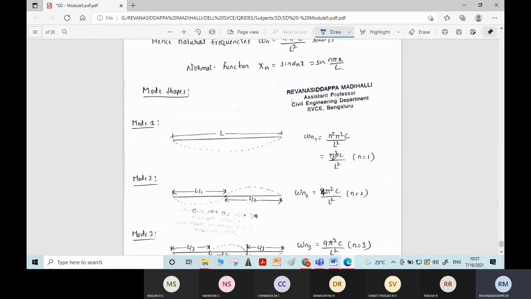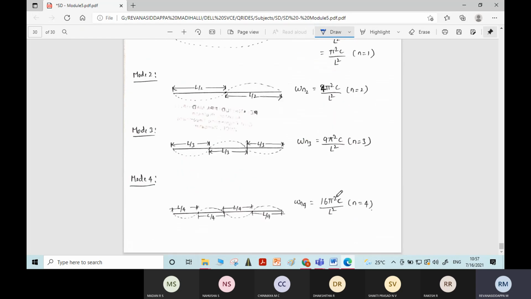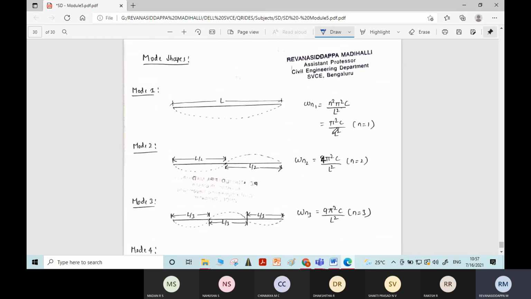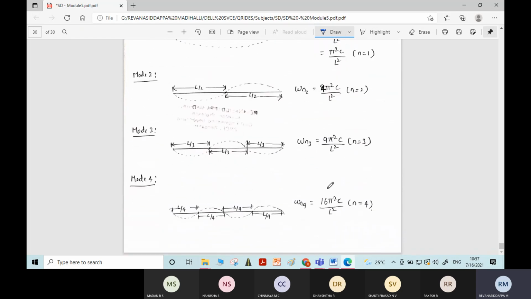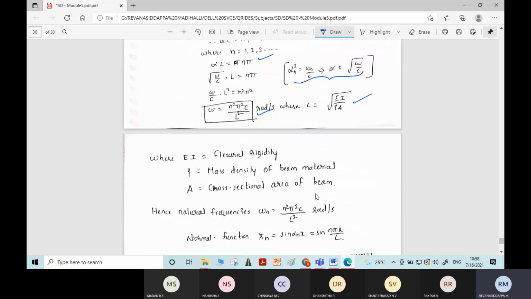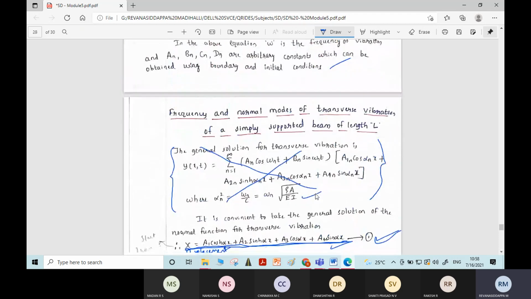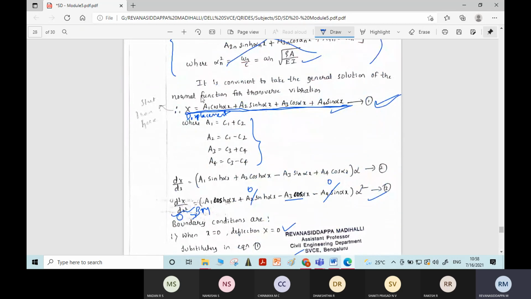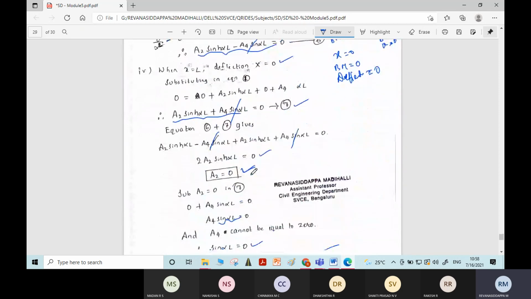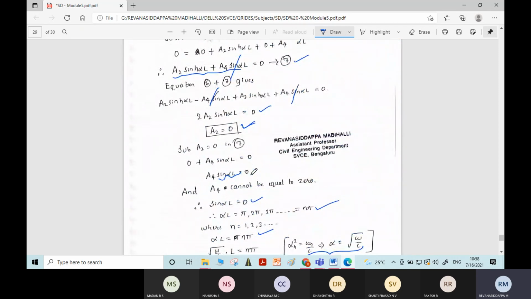You need to substitute n equal to 1, 2, 3, 4 in this expression and write whatever expressions you get. By doing this, the derivation is completed. This derivation is very simple. You need to remember this equation and all the 4 conditions. The rest is mathematics only.